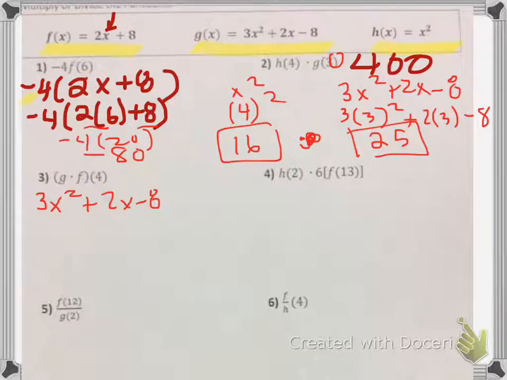I'm going to put in a 4 every time I see an x. So I'm going to go 3 times 4 squared plus 2 times 4 minus 8. And I'm going to get that number. That number is going to be my first number that I'm going to multiply together with the number I get from the f function in order to get my solution here. So let's take a minute and just plug that in our calculator.